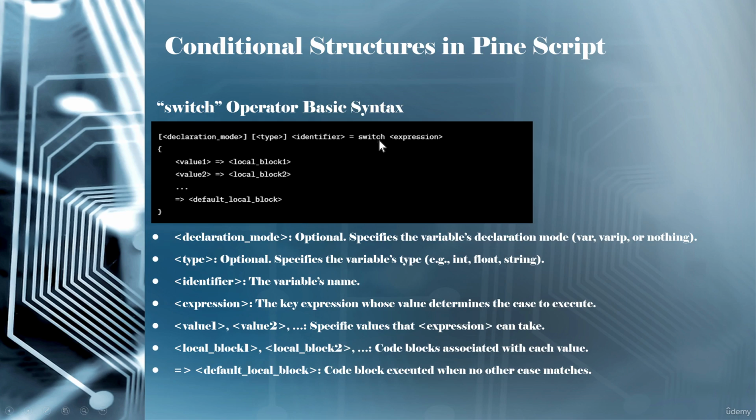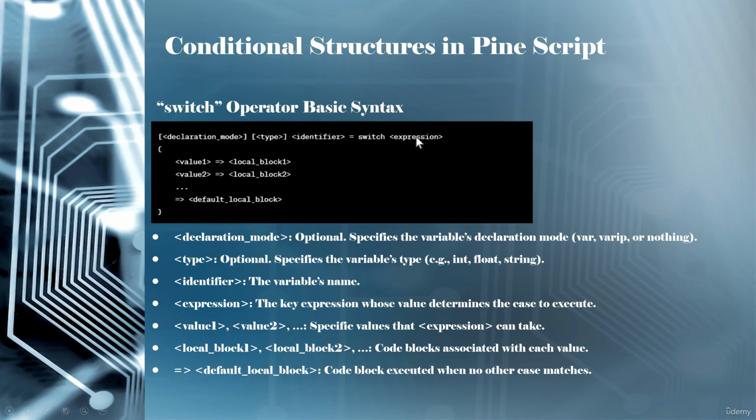Next, we have the switch operator itself and an expression, the key expression whose value determines the case to execute. Value 1, value 2, and we could have more values in this operator, are the specific values that the expression can take.